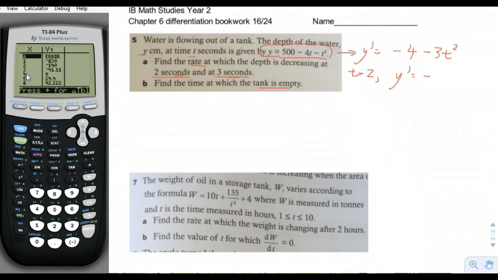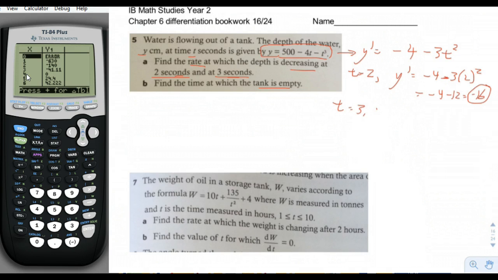Y prime is equal to negative 4 minus 3 times 2 squared, right? And so that's equal to negative 4 minus 3 times 4, which is minus 12, negative 16, okay? So at t equals 2, the rate it's decreasing is negative 16.